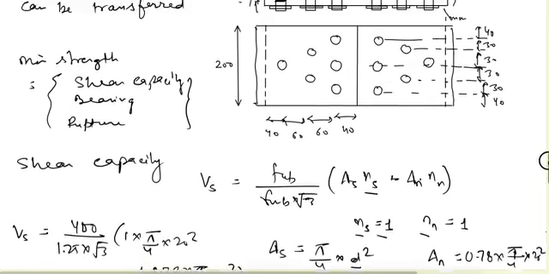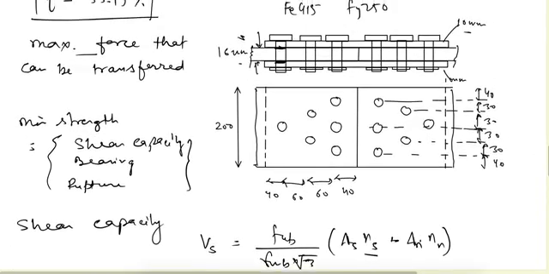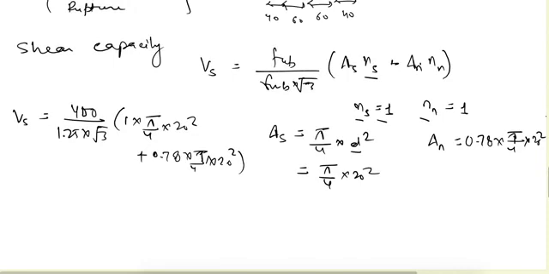Now let's see how many bolts are required if we want this connection to fail. So here we can see if these 6 bolts fail, this part of the plate will come out or will be separated from the rest of the connection. So it means that 6 bolts are sufficient for this connection to fail, and that's why we will multiply by 6. That is the shear strength of 6 bolts we will use.